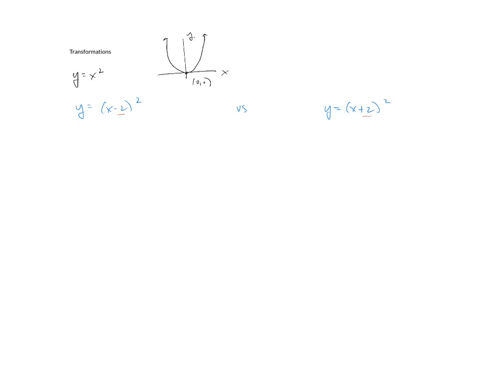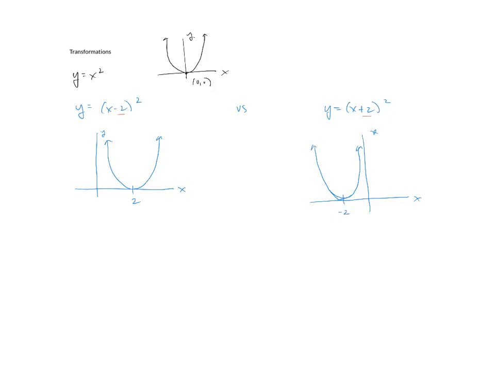So this graph, with being a negative 2 inside, actually moves it over here to the right 2 units. And the positive 2 actually moves it to the left. So I missed my axis. There we go. To the left 2 units.